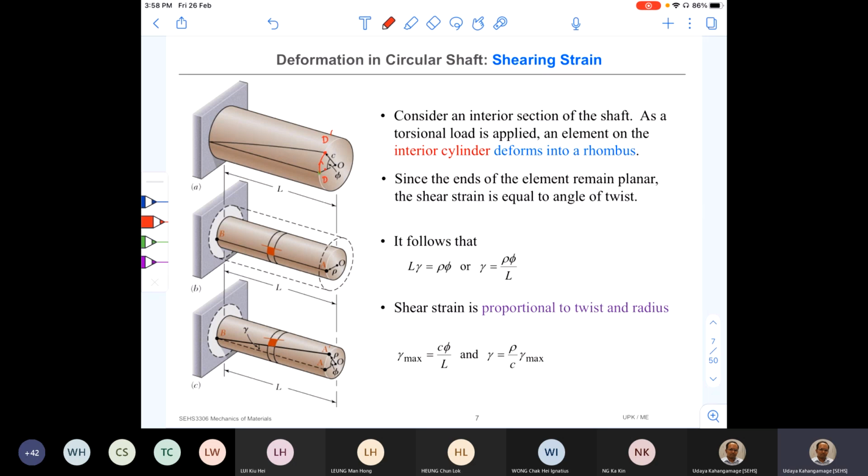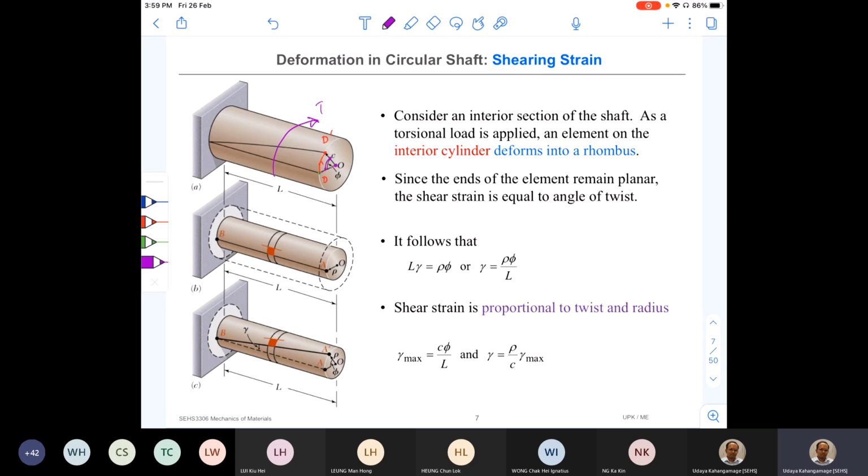And if I take another point here under the same torque, the point in here is going to move this distance. That means the deformation is smaller, strain is smaller. So as you move along the radius up to the center of this circle, you can see at the center, the material has not moved at all. That means no deformation. No deformation means no strain.